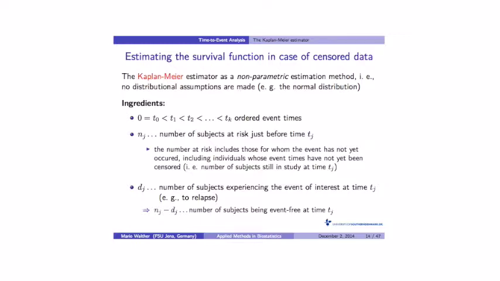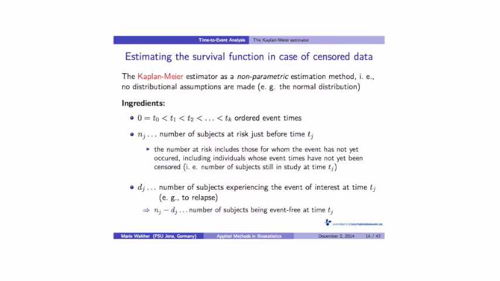At each event time, you count the number of subjects at risk just before time tj. So at t0, you count the number of patients who are at risk of having an event of interest. In the leukemia study, you count the number of patients just before time t0, so here at the beginning of the study, who are at risk of having an event of interest.